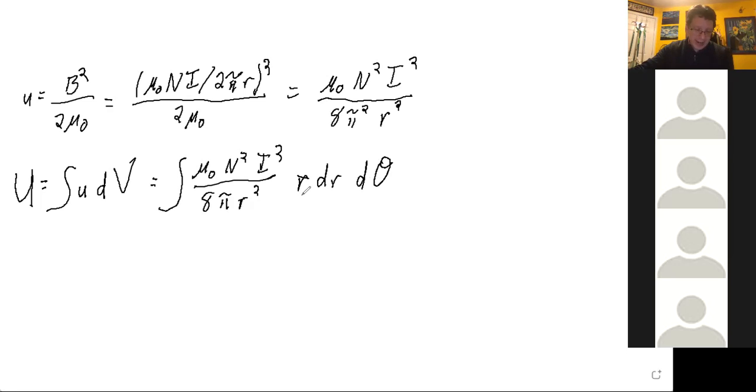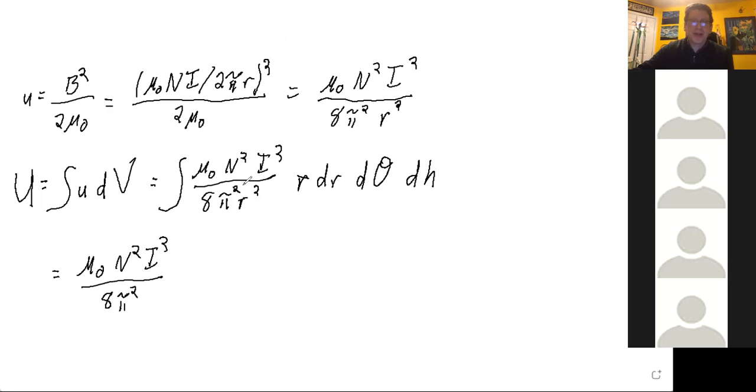Here, we're not integrating over the full circle. We're just integrating from the inner radius r1 to the outer radius r2. And we have the additional term dh for the thickness of the rectangle, or for the height of the rectangle. So we'll bring the constant terms out. So that's mu naught n squared I squared over 8 pi squared.